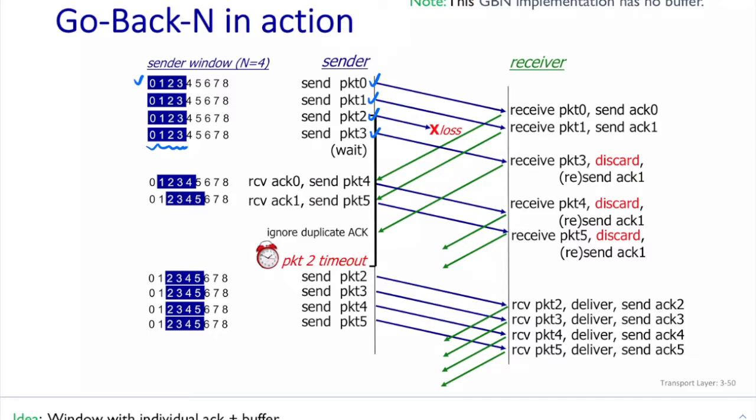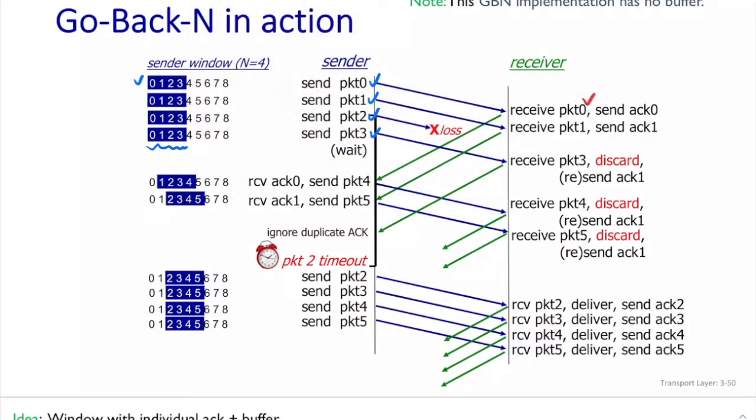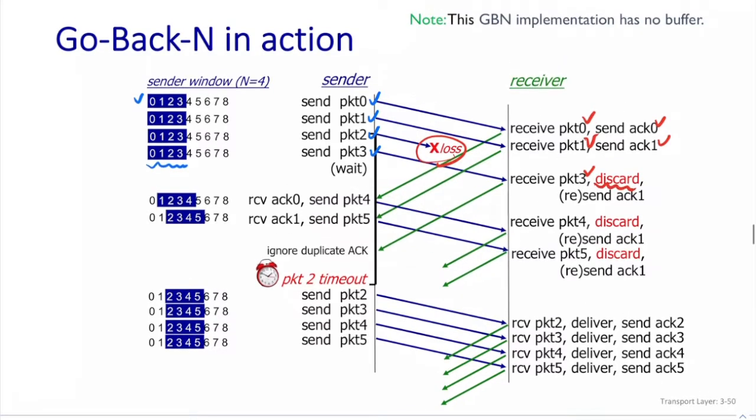That is sent packets, but we cannot send more because the window size is a little bit too small, but it's okay. On the right hand side we receive packet 0, send ACK 0, receive packet 1, send ACK 1, and receive packet 3 because packet 2 got lost. In this implementation there is no buffer, so it chooses to discard packet number 3.